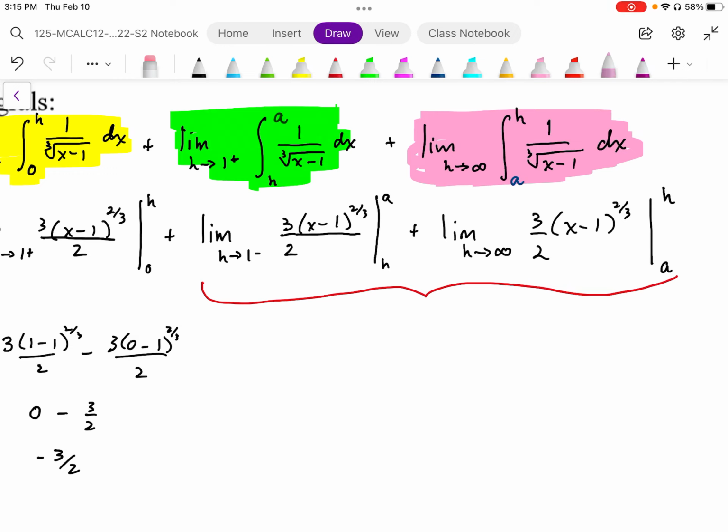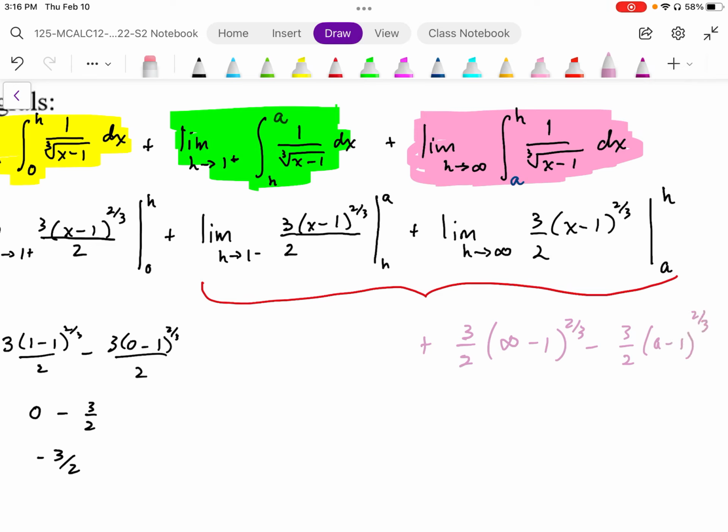So looking at just this pink piece here, I'm going to do it in a pink color. If I do plus limit as h approaches infinity, actually I'm just going to plug it in and work it out. So this works out to be 3 over 2, and I'm going to plug infinity into here, minus 1 to the power 2/3, minus, this is going to be some arbitrary point, 3 over 2, A minus 1 to the 2/3.